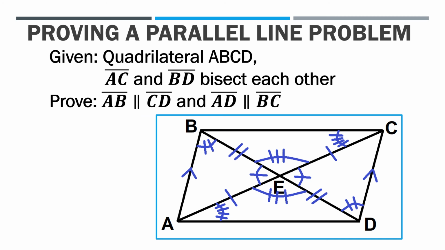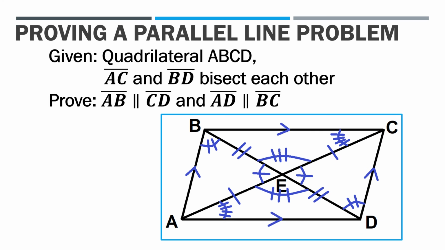Thus, by CPCTC, the alternate interior angles BCE and DAE are congruent. So, line segments BC and AD are parallel by the AIP or alternate interior parallel theorem.